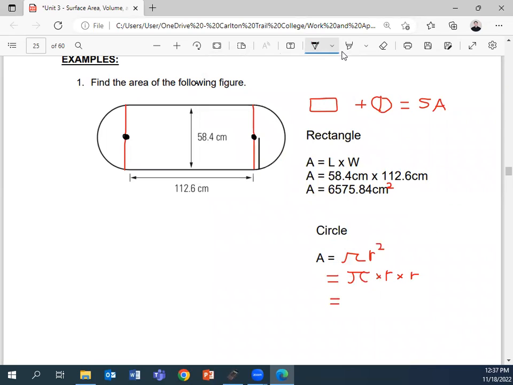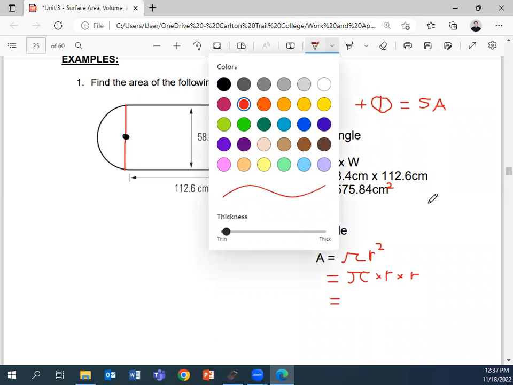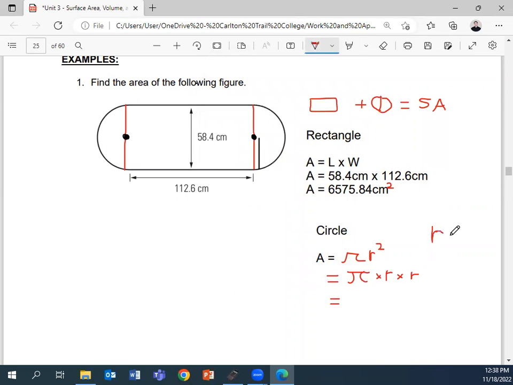So r in this case is going to be 58.4 divided by 2, which is the same thing as, no, 29.2.